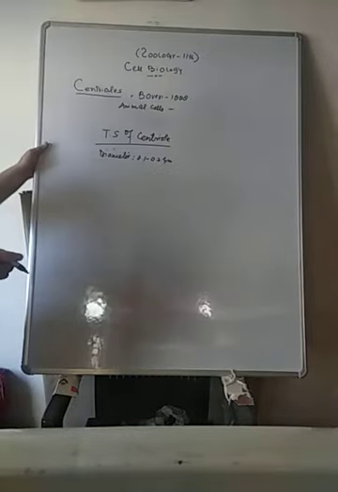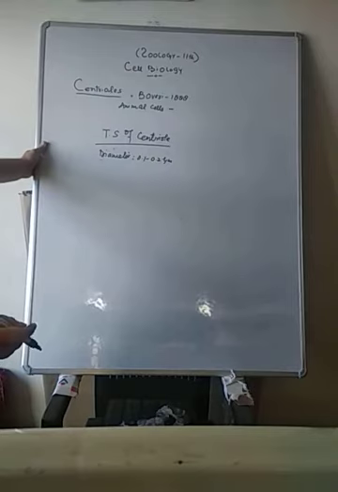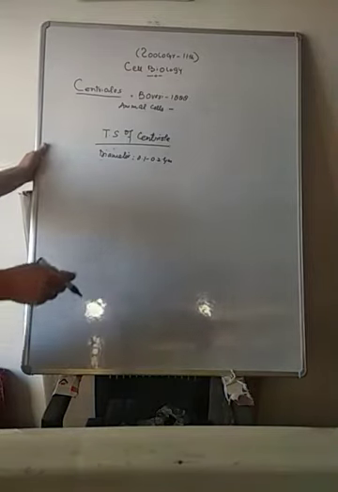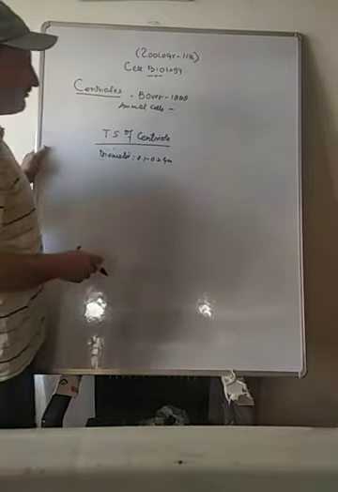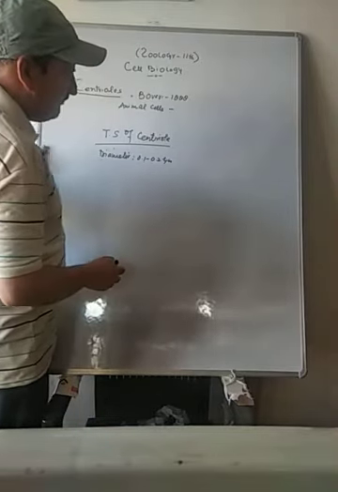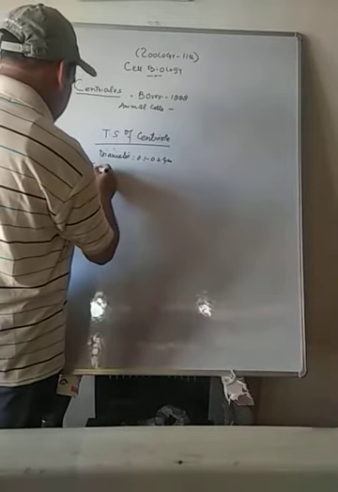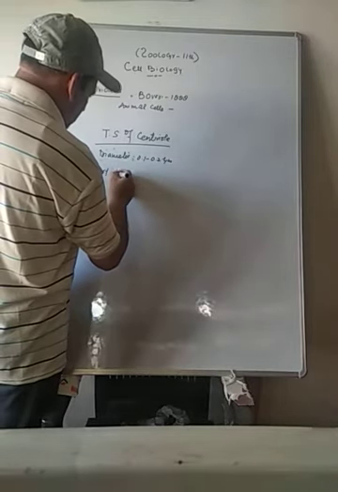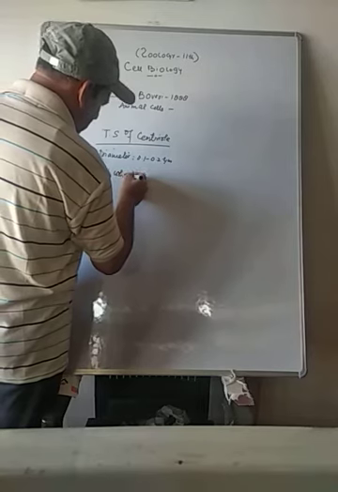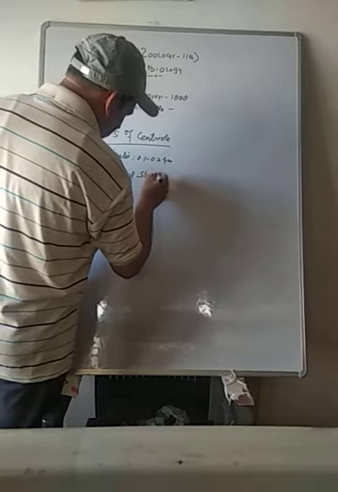This is the diameter, and we will see their transverse section. The transverse section shows a cartwheel structure. It is called a cartwheel structure, as it resembles a cartwheel.